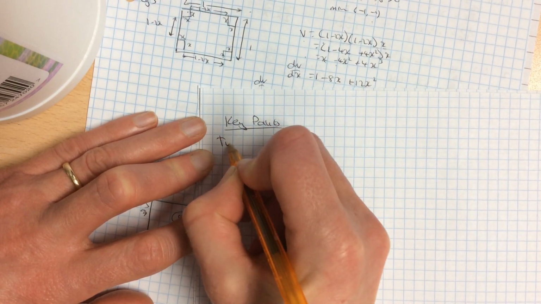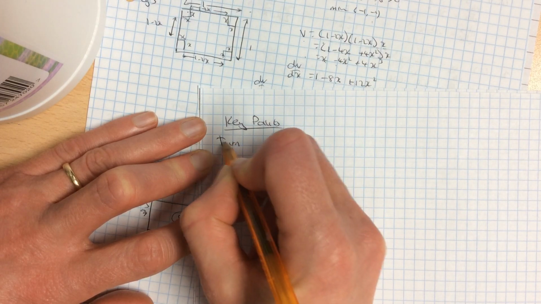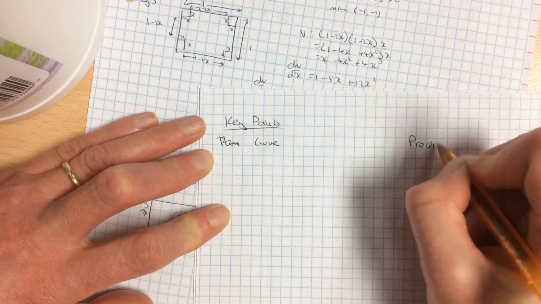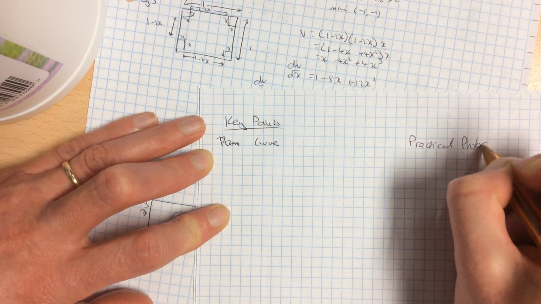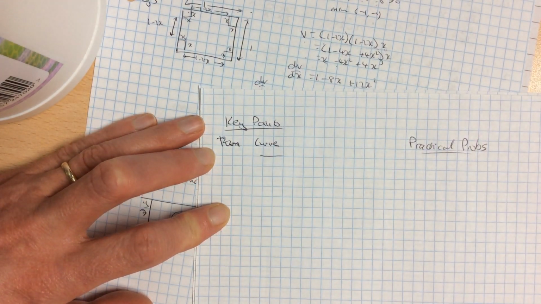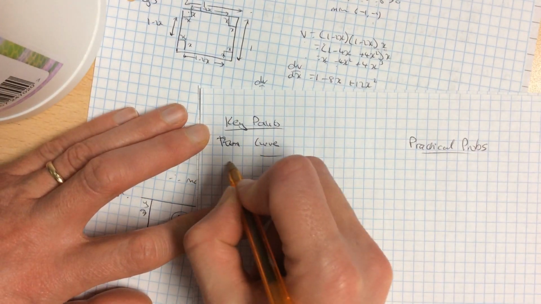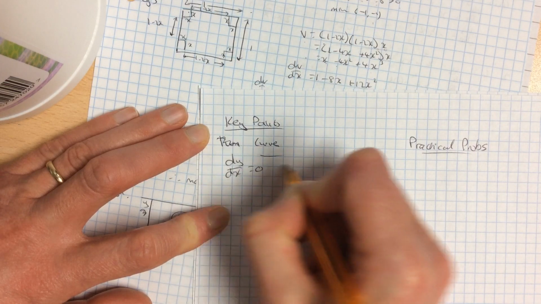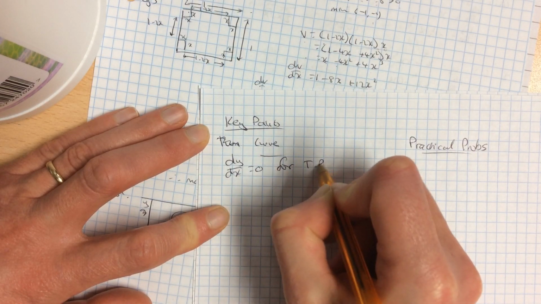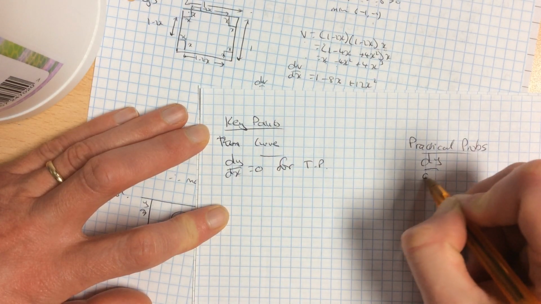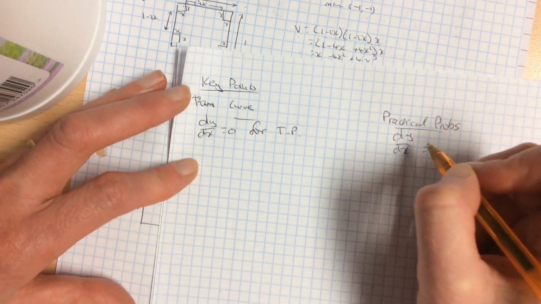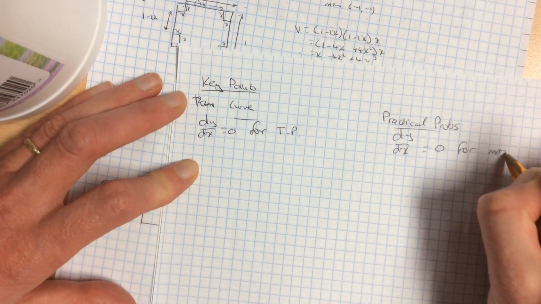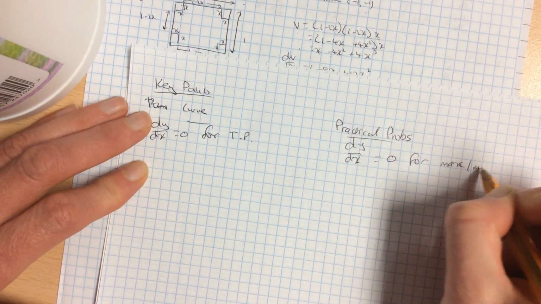So you have got turning curve, curve, and then you have got practical problems. Now, for the curve, you would go dy by dx equals 0 for the turning point. For practical problems, dy by dx, but might be dv by dx, or whatever your variables are, but it's the same principle for max, min.